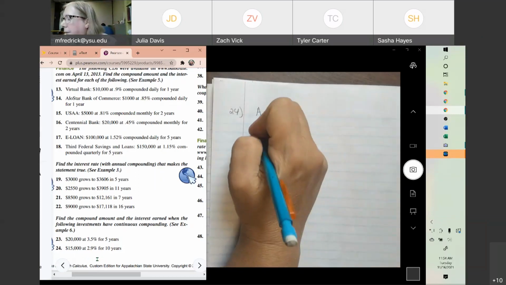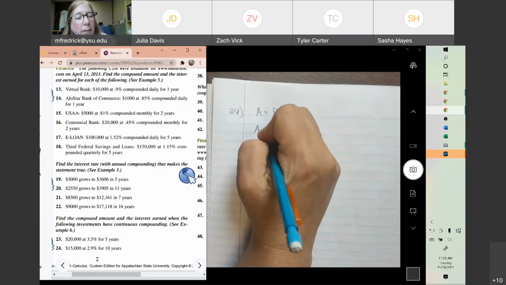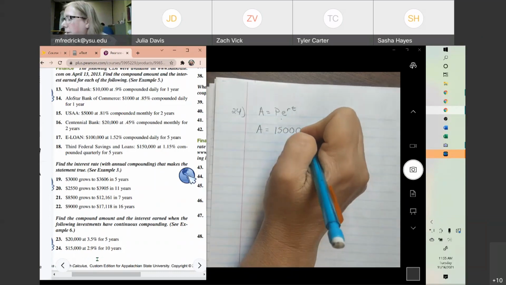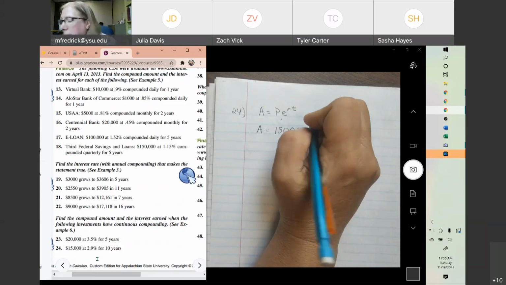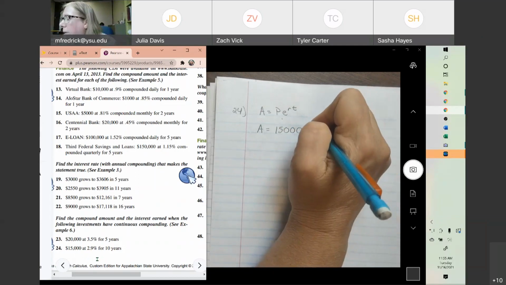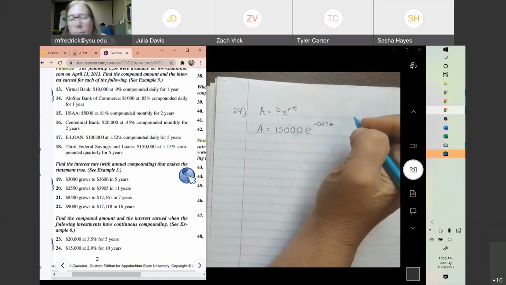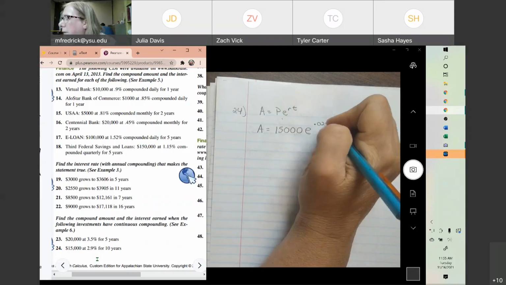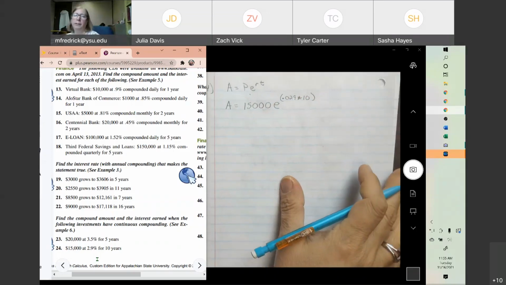So we're finding A. The compounded amount is the amount at the end. We're starting with 15,000. E is the function in your calculator. R is the rate as a decimal, 0.029 times the number of years, which is 10. And then you just plug that in your calculator.